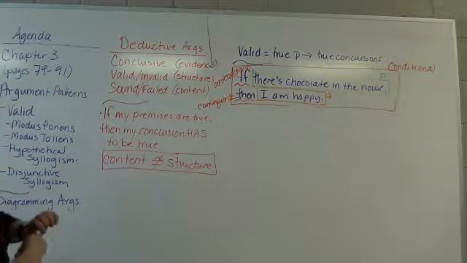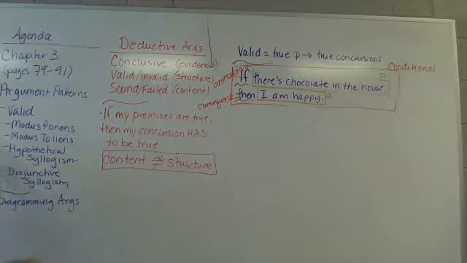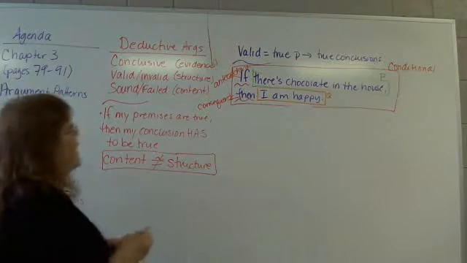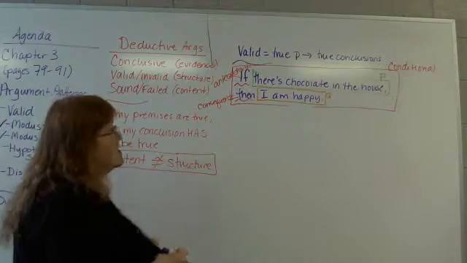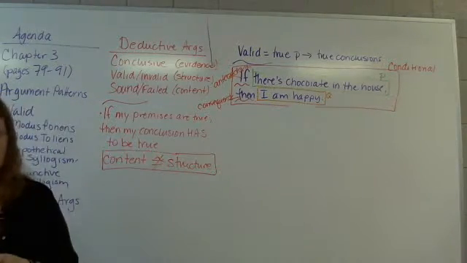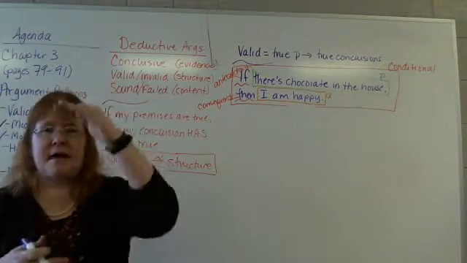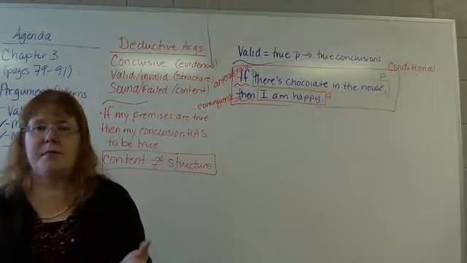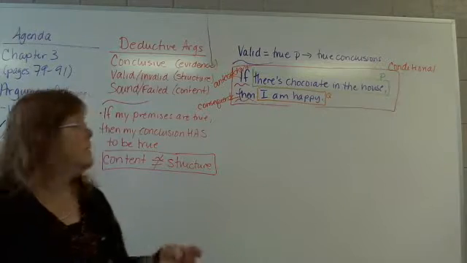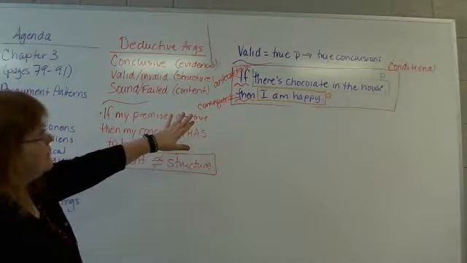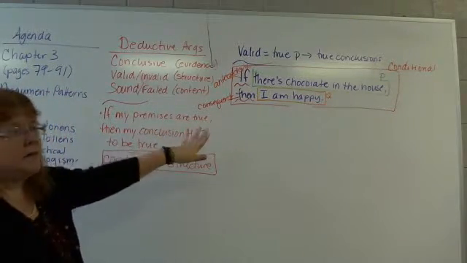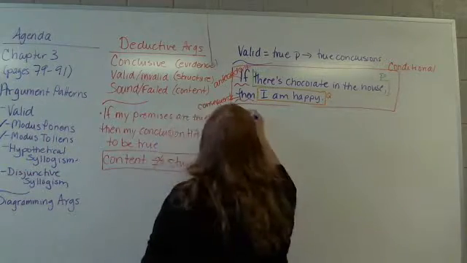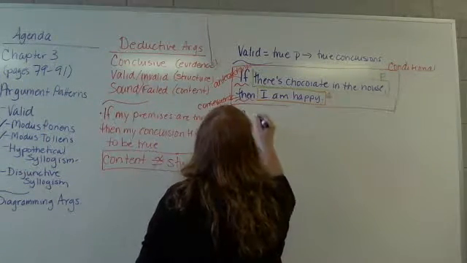Okay, so the next piece, we've done modus ponens, we've done modus tollens, hypothetical syllogism. The hypothetical syllogism is basically 3 conditional statements stacked on top of each other, 2 premises and a conclusion. It's a 3-part argument. I'm going to keep my first one. If there's chocolate in the house, then I'm happy. So then I'm going to start another conditional.